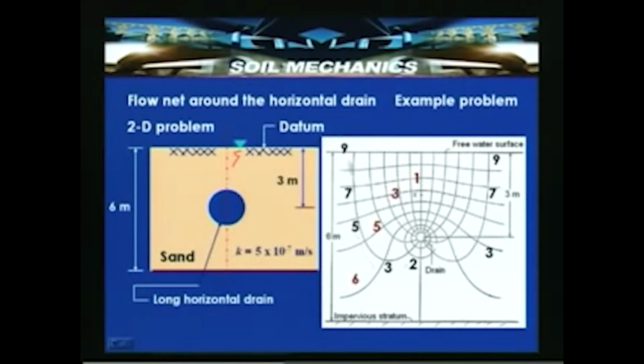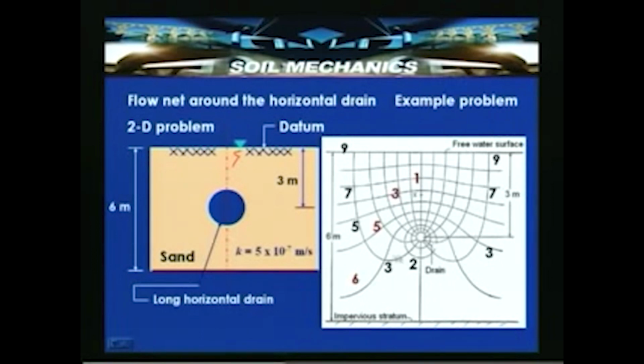By the time it comes here, the head available for the flow to take place is around 3 meters. The flow commences from here, and the flow is in this direction. As per our conventional numbering, we numbered 0, 1, 2, 3, 4, 5, 6, 7, 8, 9.